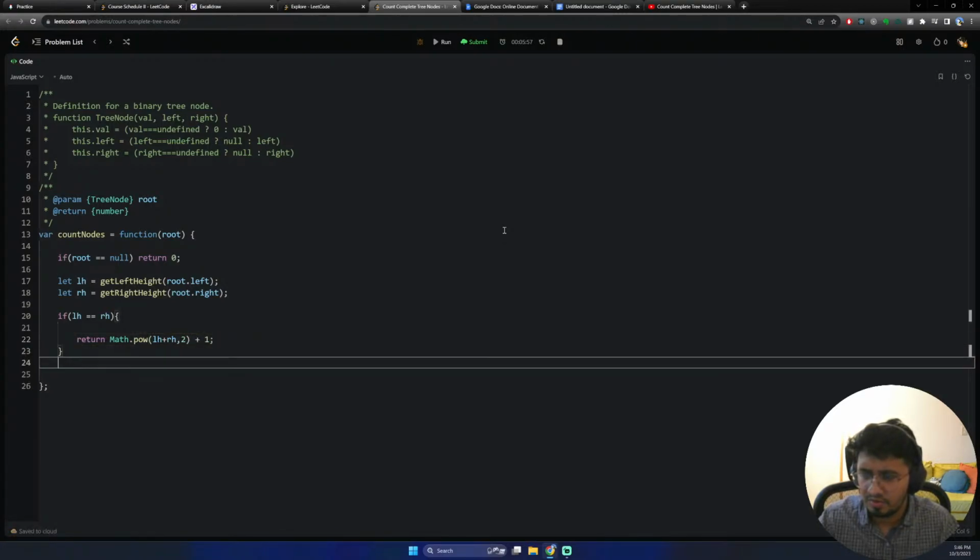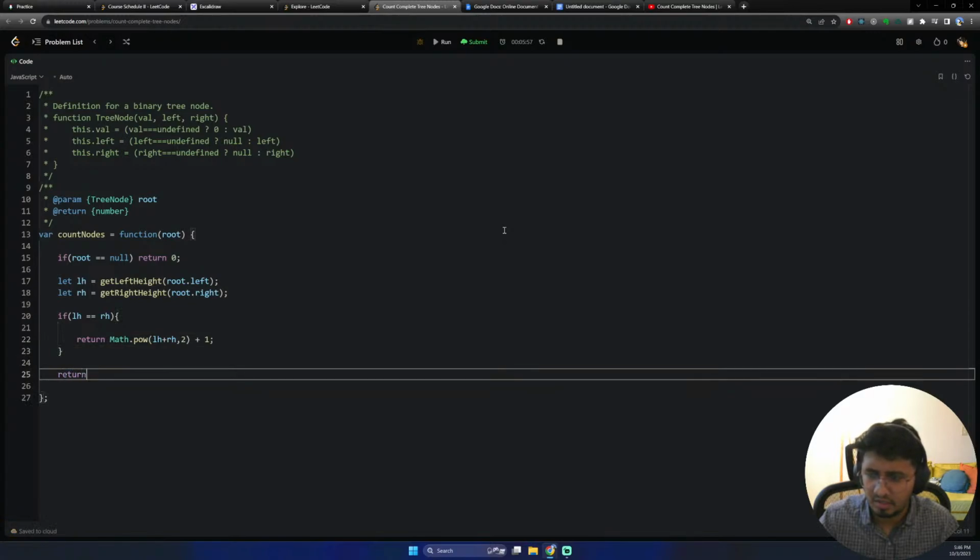That's what we do. Else, if it is not equal, then we search for count nodes at left hand side, root dot left, plus count nodes on root dot right, and we send plus 1.